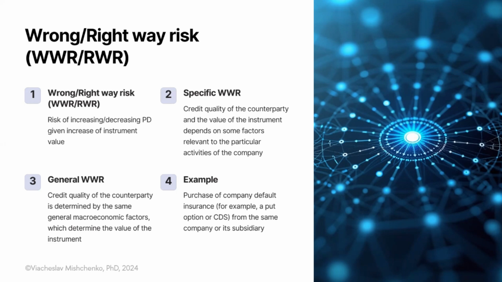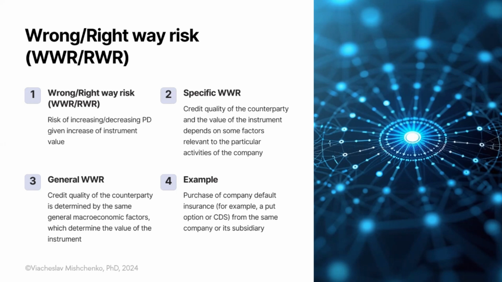The distinction here is of two types: specific wrong way risk and general wrong way risk. Specific wrong way risk is usually tied to the particular transaction structure, while general wrong way risk is related to broader macroeconomic factors. What is an example of specific wrong way risk?